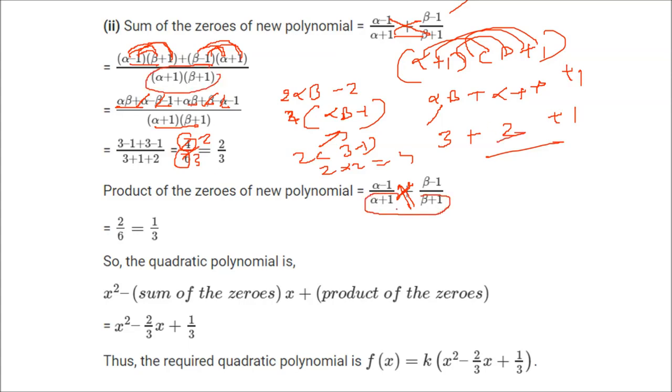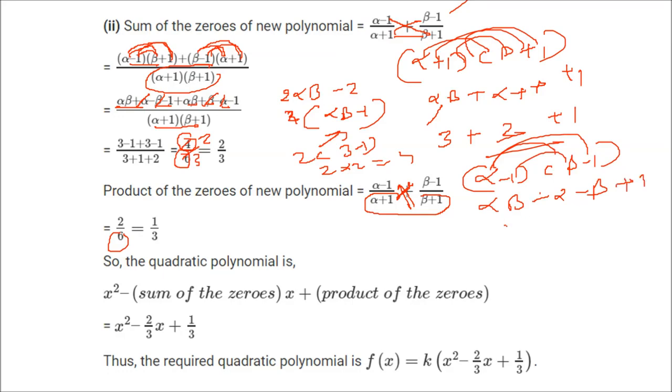So you can just place a 6 here. And how about alpha minus 1 into beta minus 1? Let us do it. This we have already done, but let me do it again. Alpha beta minus alpha minus beta and plus 1. So alpha beta minus alpha plus beta plus 1.